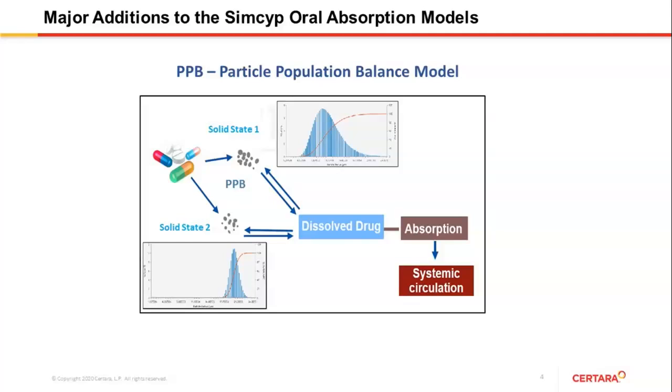One of these you can see on the screen in the center here. This is the ability to handle two solid states, okay? This means two different crystalline states of a compound, or an amorphous state and a crystalline state, or a salt and a non-salt. So this is what we mean by solid state. Okay, next slide, please.